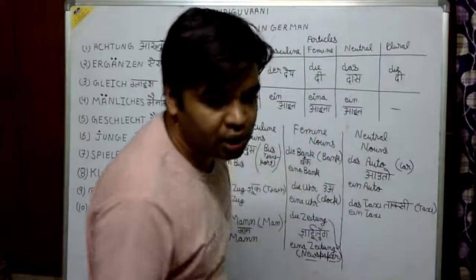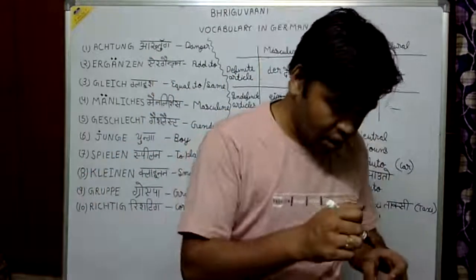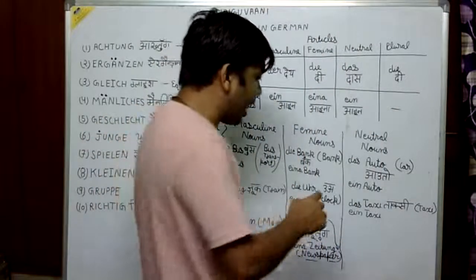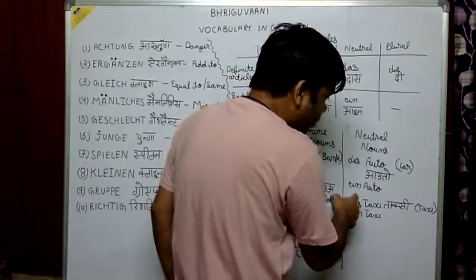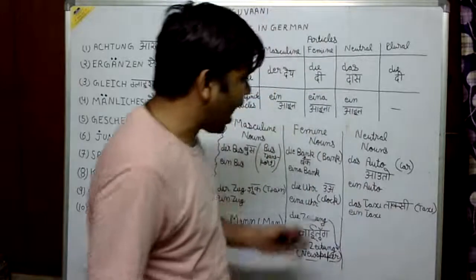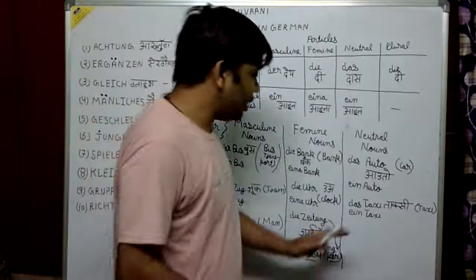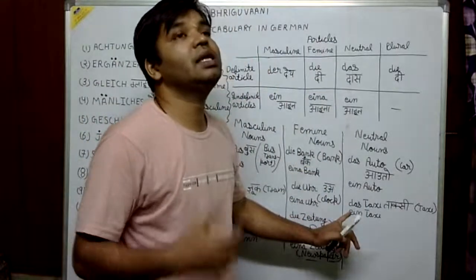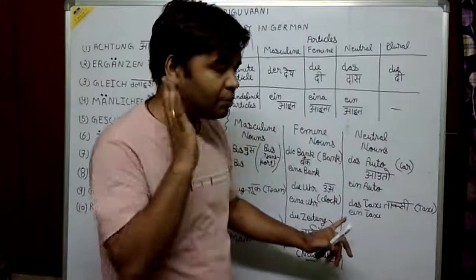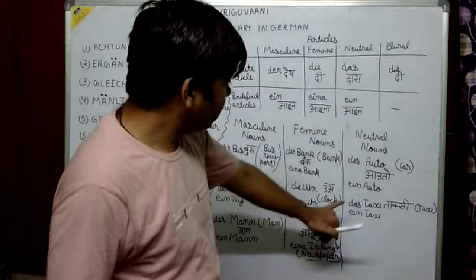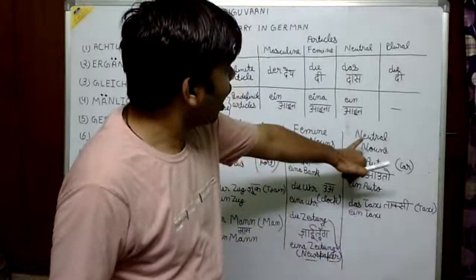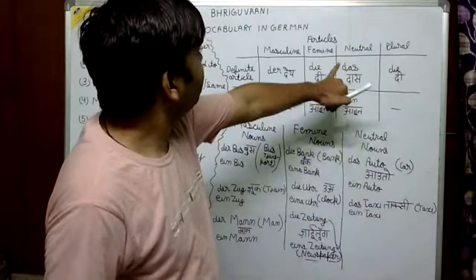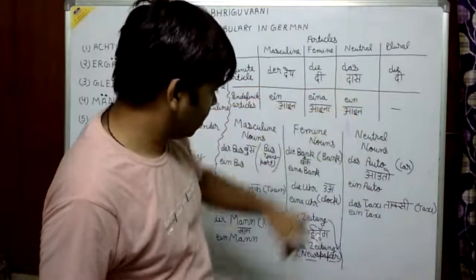Please mention your comments. I am also a student of the German language, so I also make mistakes, as I am doing now. It is das Taxi, not the taxi. I am absolutely wrong. This Taxi is a neuter noun, and for neuter we use das and ein.